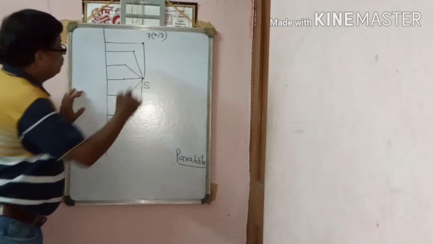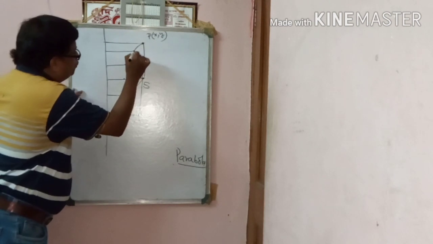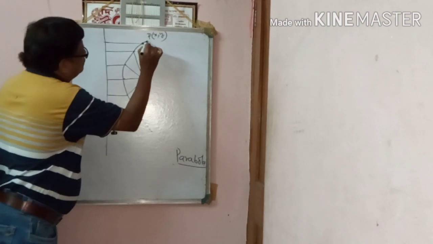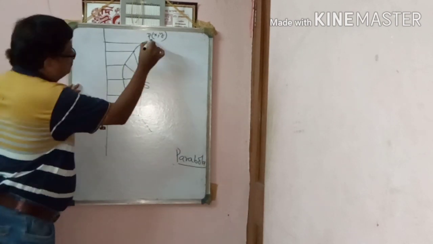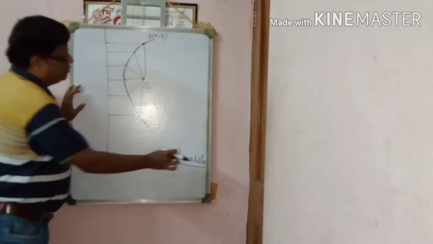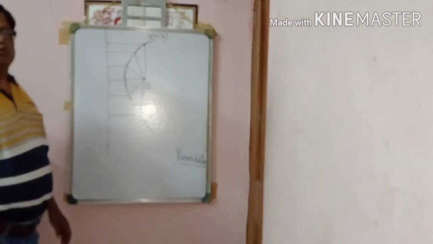Now if you join, look here, one curve is there. This curve is known as a parabola.